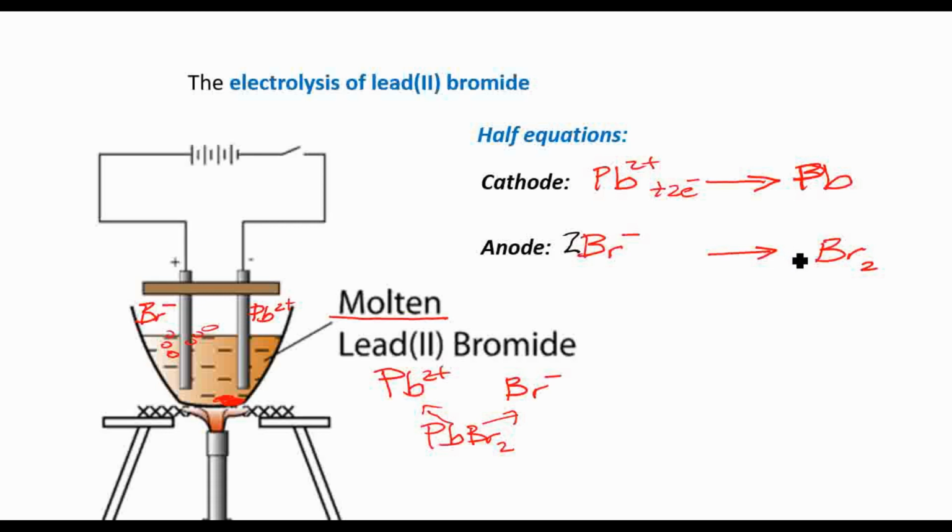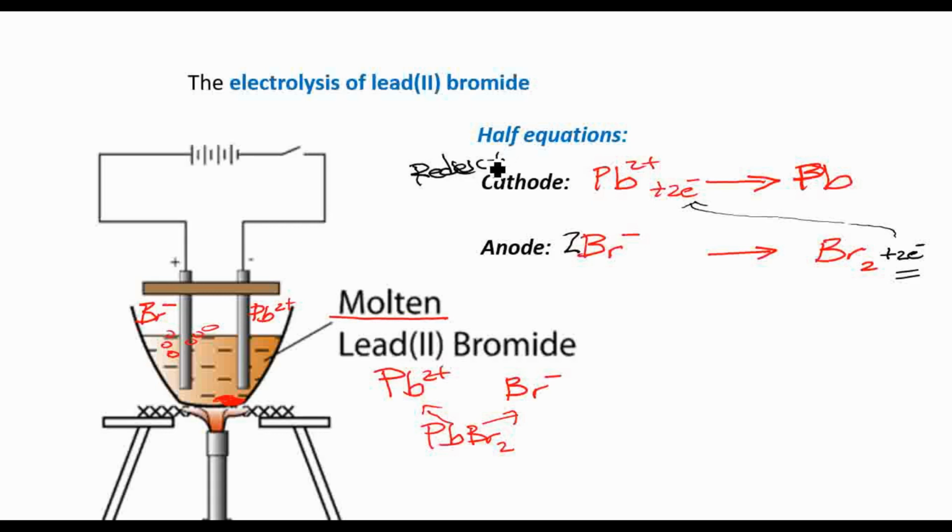Now electrons which are lost, we put that on the product side. The same 2 electrons which are lost here are the same 2 electrons which are going to be gained there. So at the cathode, because you're gaining electrons, that is called reduction. Reduction always takes place at the cathode. Always.